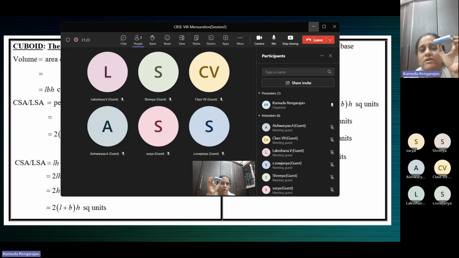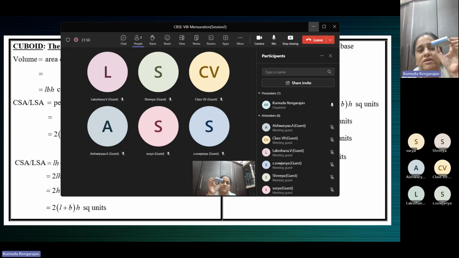So a cuboid is a solid which is generated by stacking identical rectangles. Stacking meaning placing them one over the other, uniformly, not haphazardly. When you stack identical rectangles to any height, the solid generated is a cuboid.